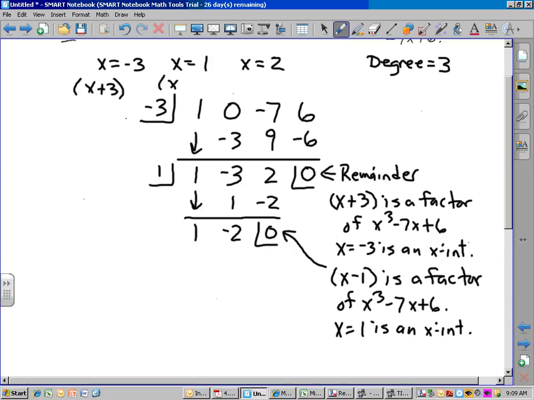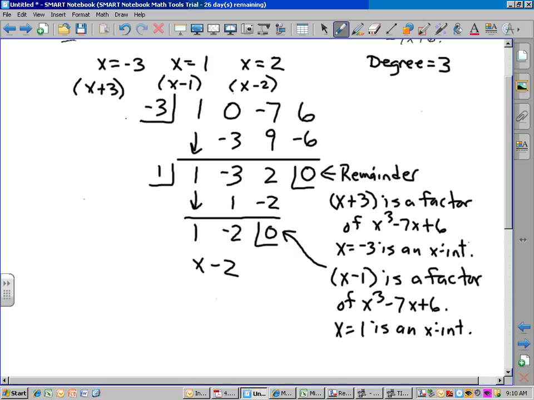So x minus 1 is a factor as well. Now, the quotient that's left over, we went from 3 to 2 to 1, is actually just x minus 2, which happens to be the factor we get from this x-intercept.